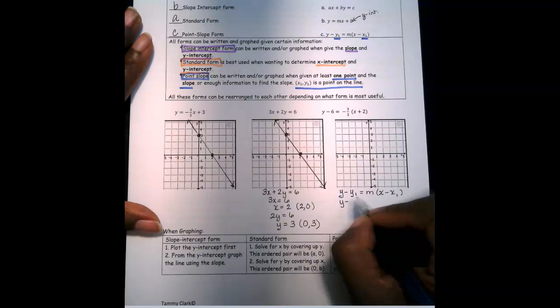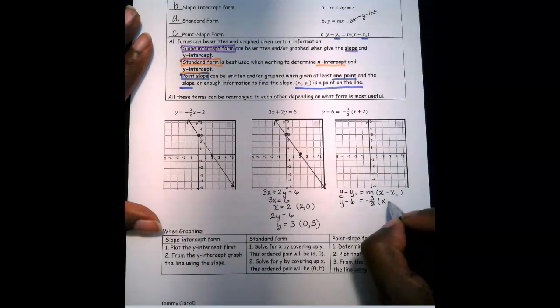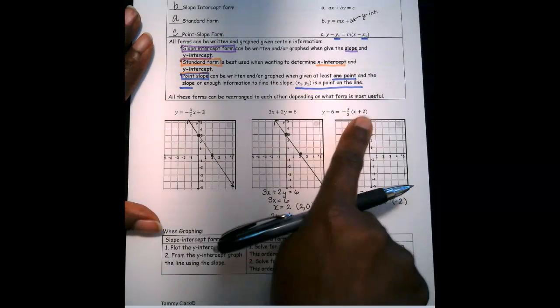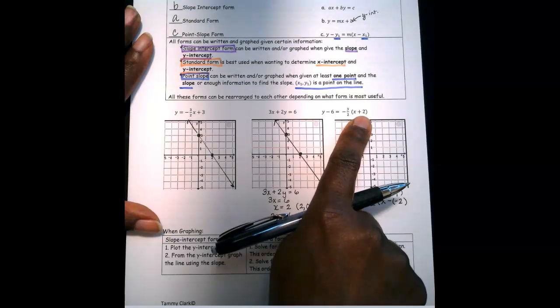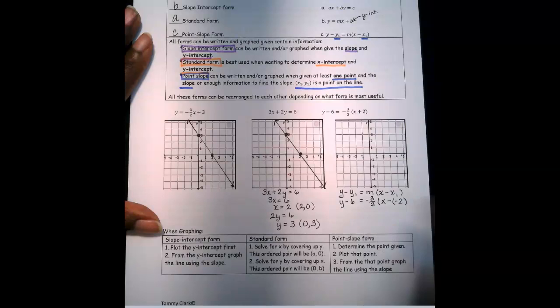I've got y minus 6 equals negative 3 over 2 x minus negative 2. Here it was a plus. So in order to get a plus, I have to minus a negative.